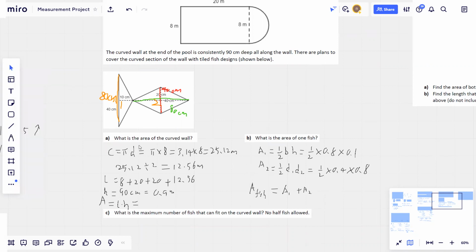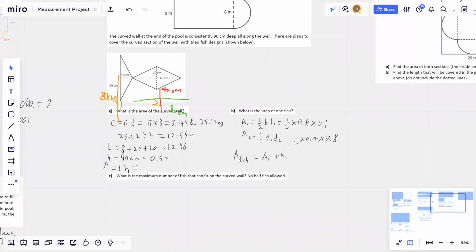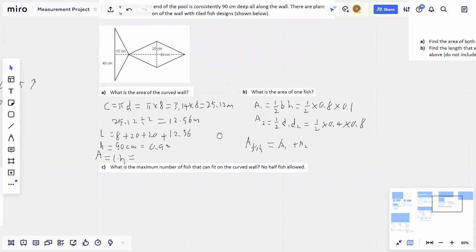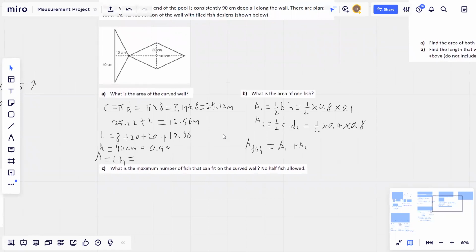Okay. And for the third question, what is the maximum number of fish that can fit on the curved wall? So no half fish. So for this one, I think this is the third question.